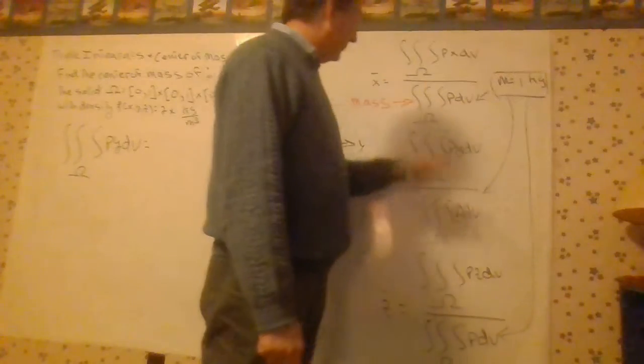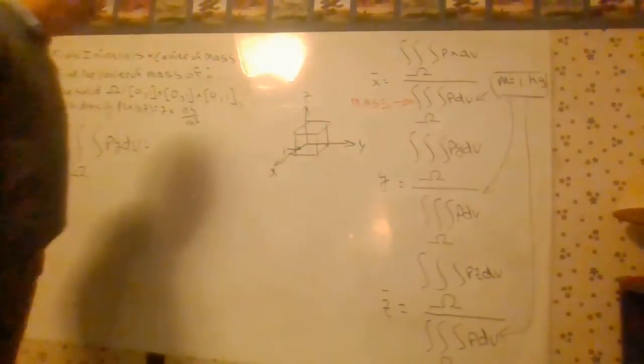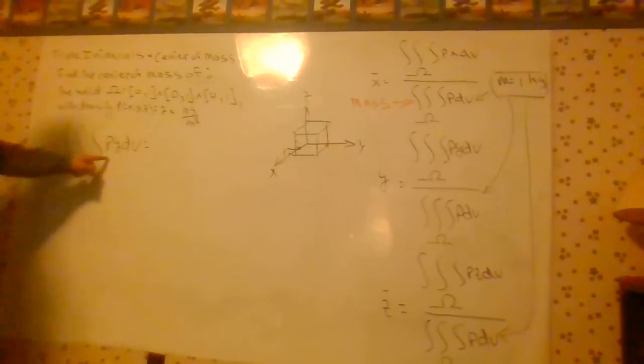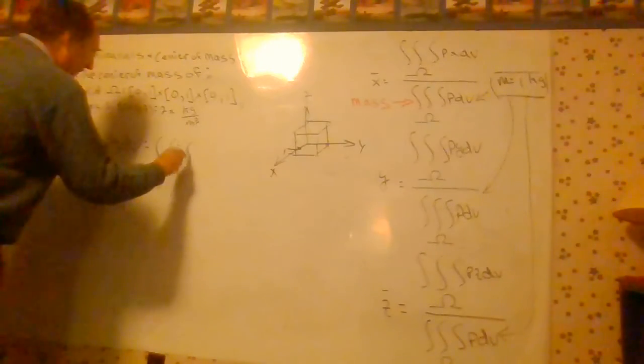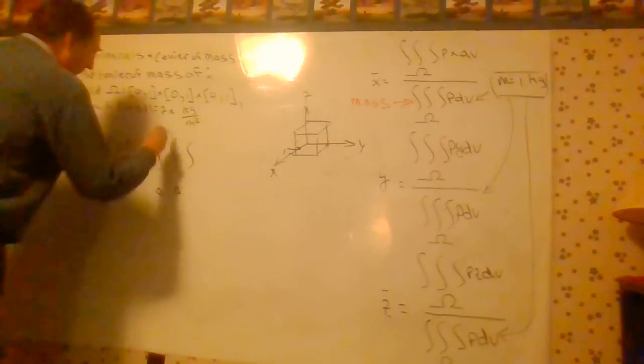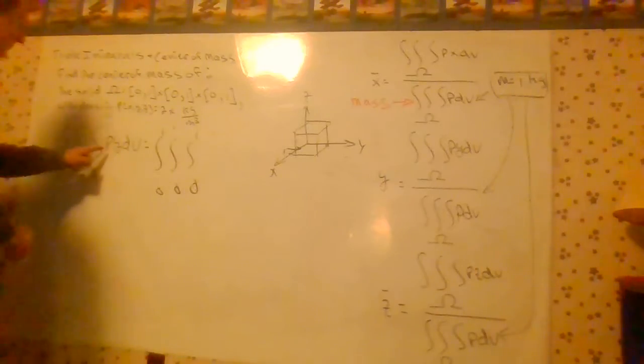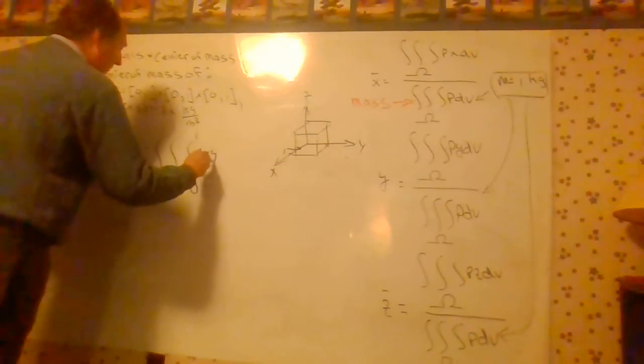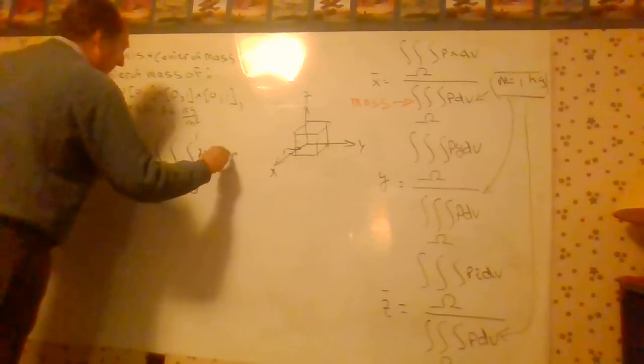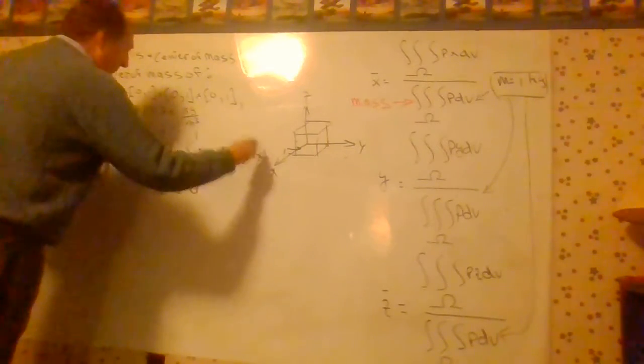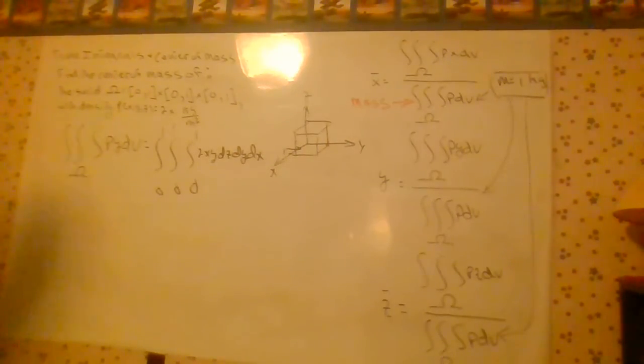Divide by kilogram just gives you meters, if you're interested in the dimensional analysis aspect of this. So we're going to integrate 0 to 1, 0 to 1, 0 to 1. Rho is equal to 2x, times y, dz dy dx.